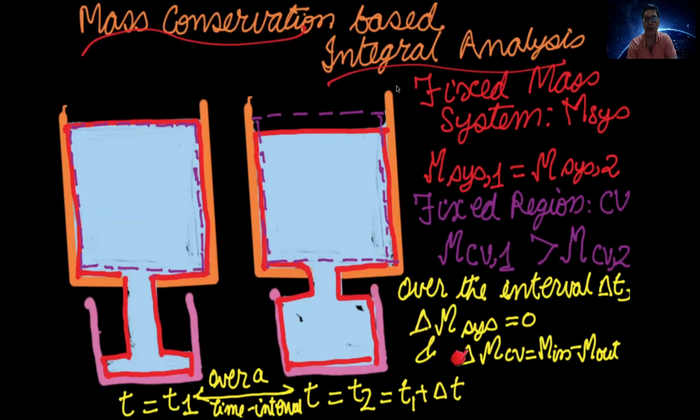Whereas if you consider the change in the mass of the liquid within the control volume, this is equal to the mass of the fluid which is entering over that time interval of delta T minus the mass of the liquid which is leaving. In this case, the mass of the liquid entering is 0.